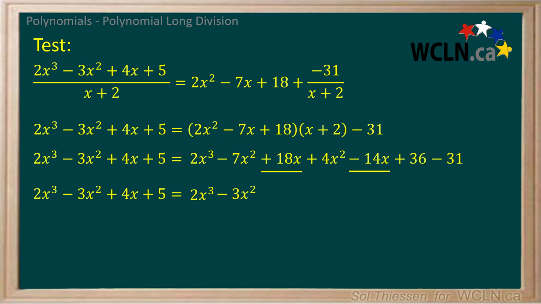Their sum is 4x. And finally, we'll put an oval around the constant terms, 36 and negative 31, which together give us positive 5. As you can see, the left and right-hand side of the equal sign are the same, proving that the quotient and remainder we found through polynomial long division are correct.